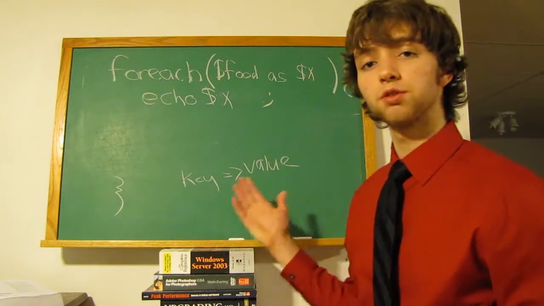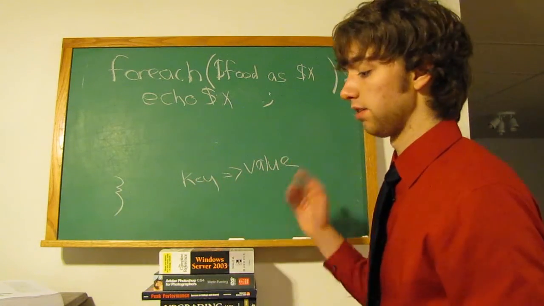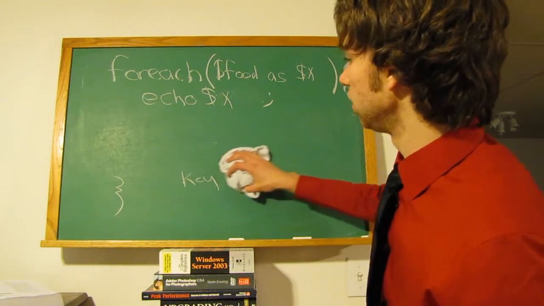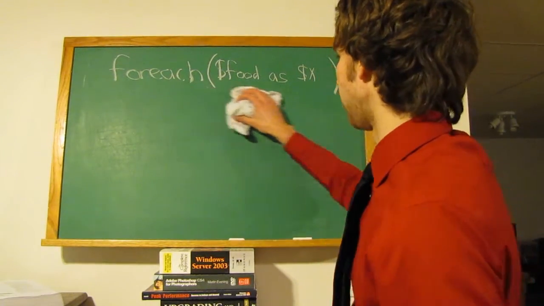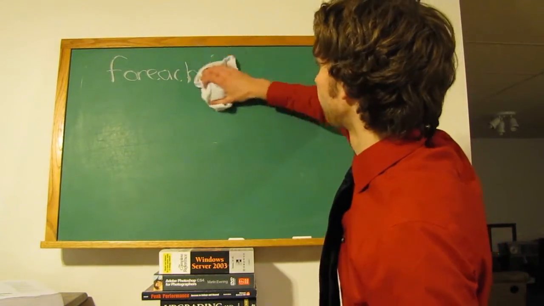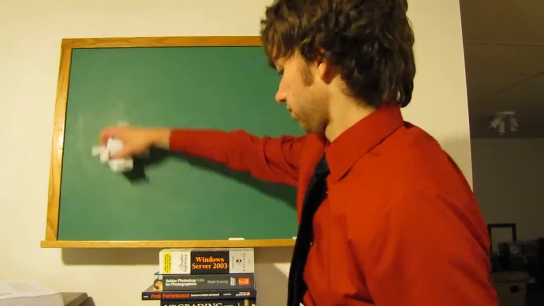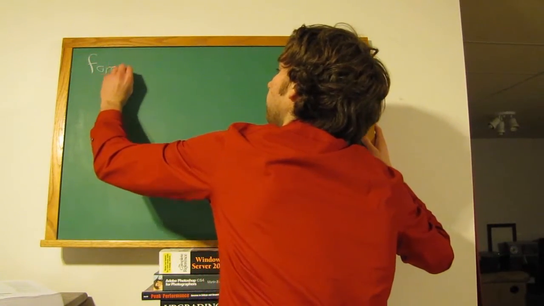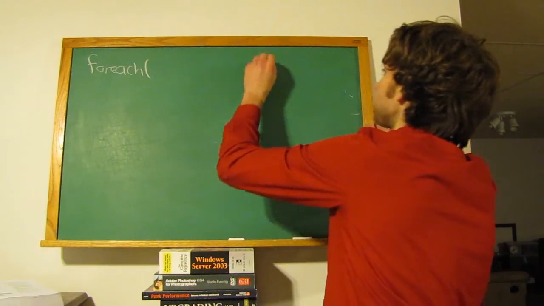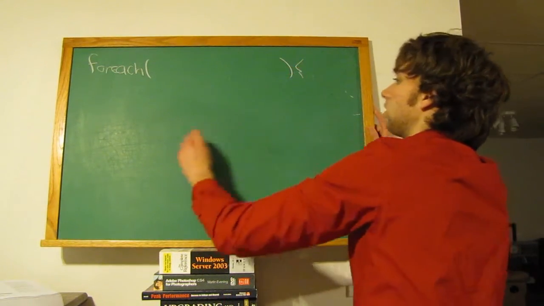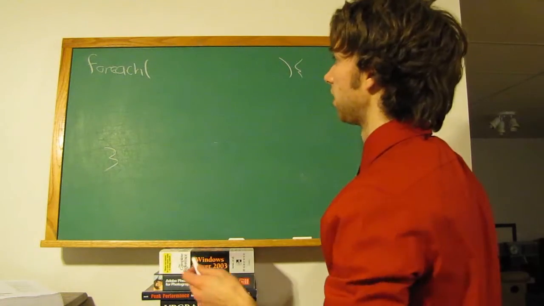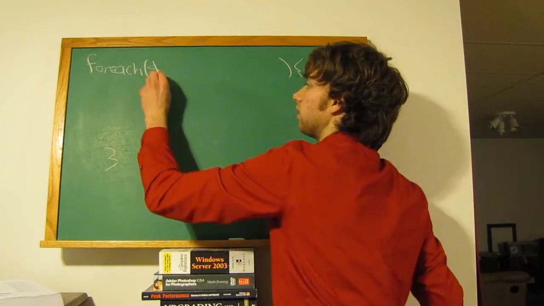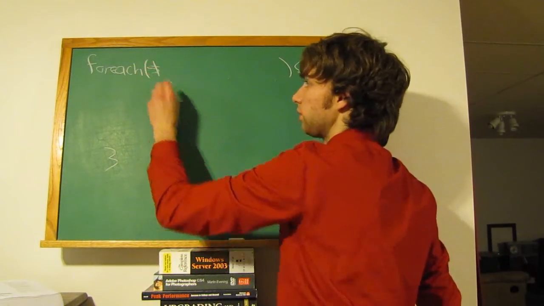So there's another thing we can do to look at the key and the value. Well, that one's a little more complicated, but it's not bad. But I'm not going to have enough room, so I'm going to shrink this down a bit. It looks like this. Foreach, within parentheses, we would have the array we want to use.